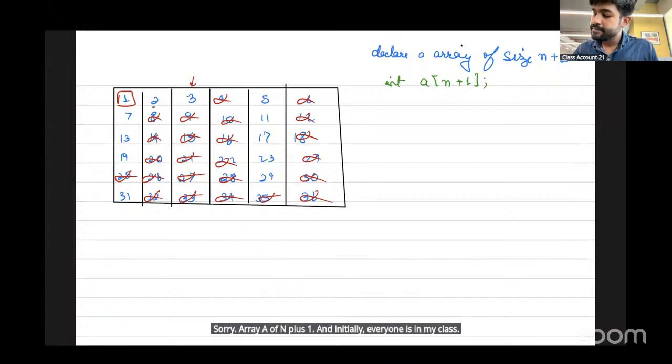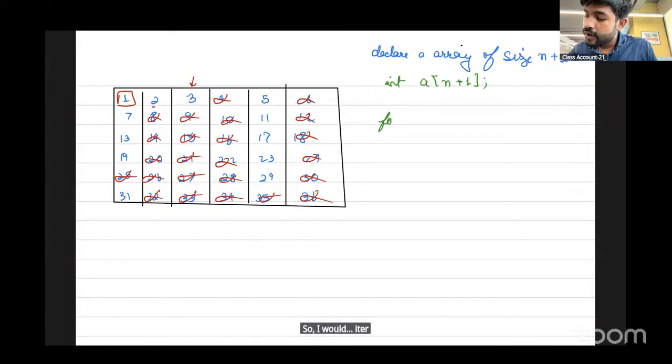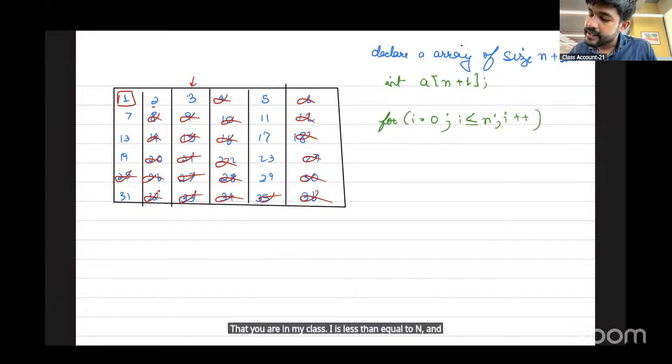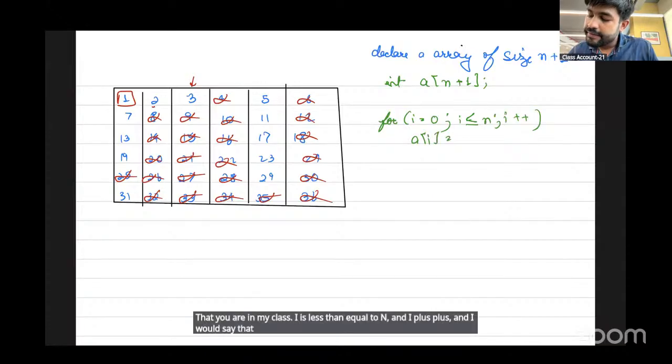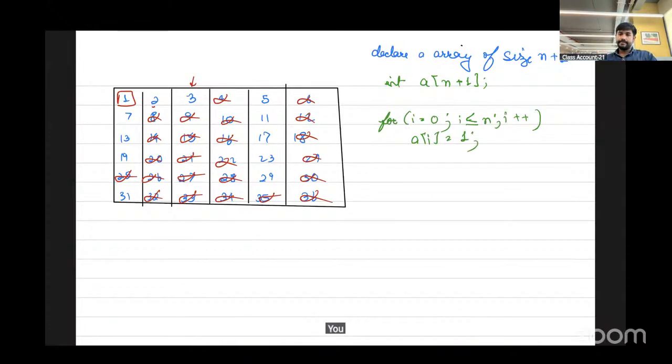So I would iterate over all the students: for i less than or equal to n, i plus plus, and I would say that a of i is 1, you are in my class. Initially everyone is in my class.